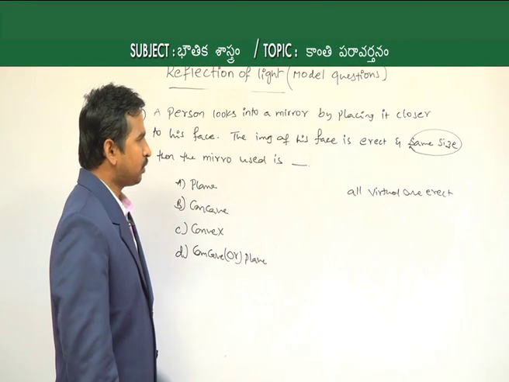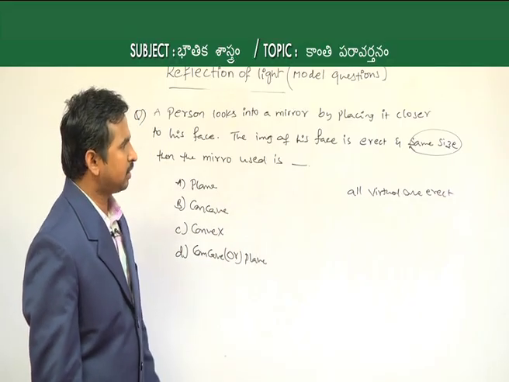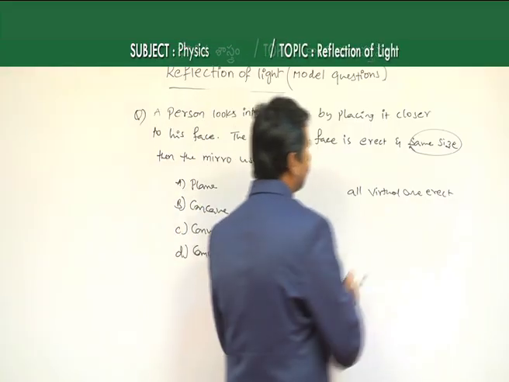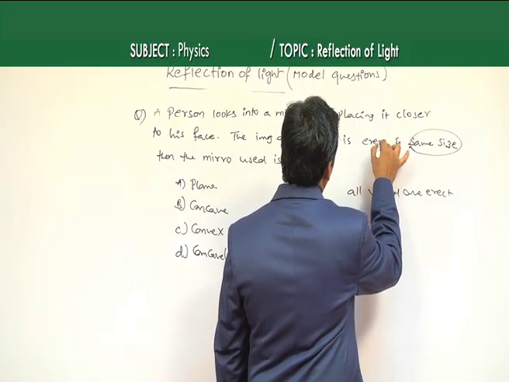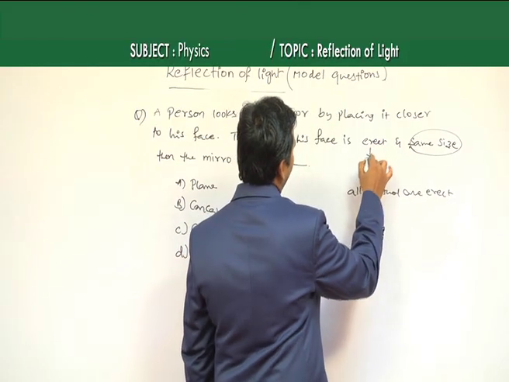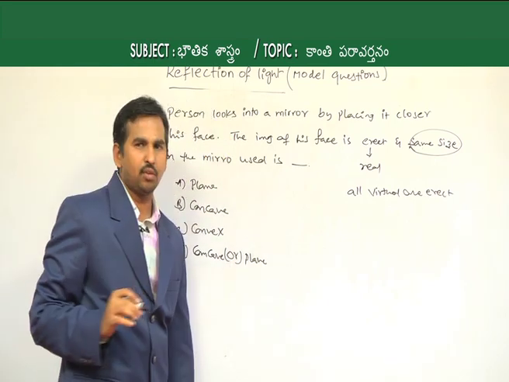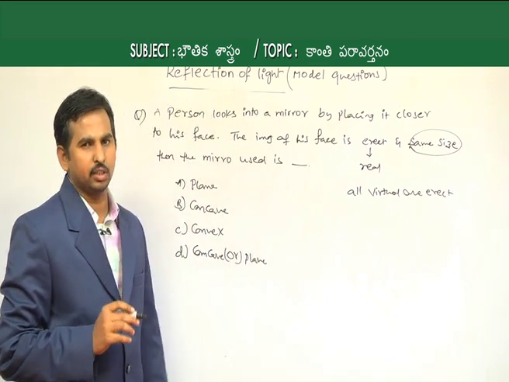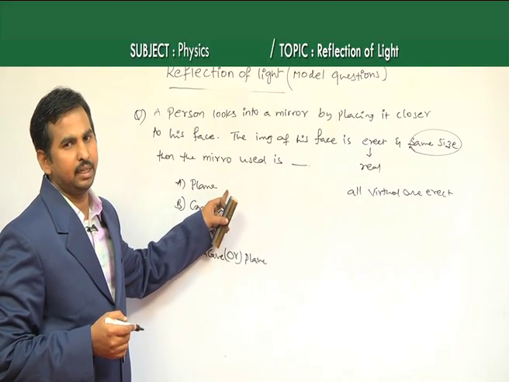But if the same question asks that the image of his face is real and the same size, for example, if they give real and same size in place of erect, then obviously we know that a plane mirror cannot form a real and same size image.